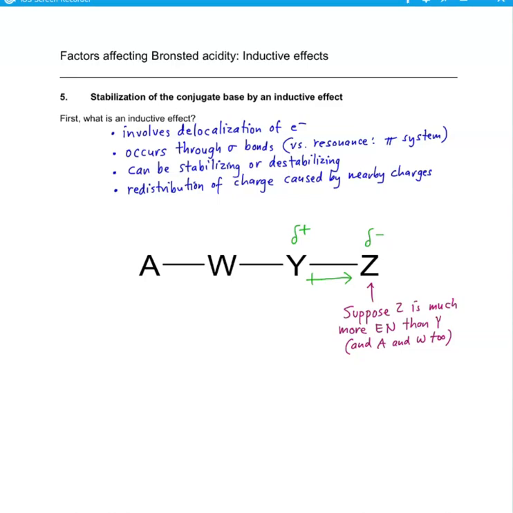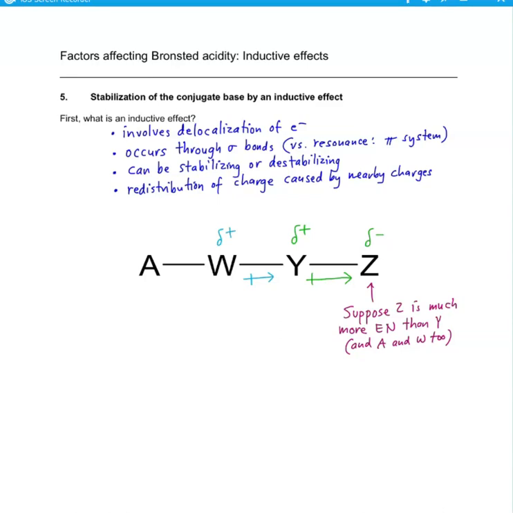So the consequence of that is that Y, because it has electron density being drawn away from it by Z, is going to try to compensate for that by borrowing from the next atom down the chain, which is W. So Y is going to pull on the bond to W, and what that's going to do is set up a partial positive charge on W as well.